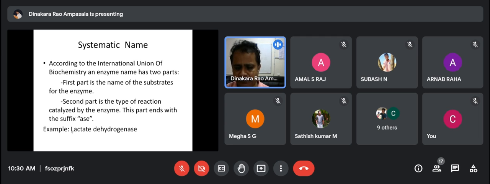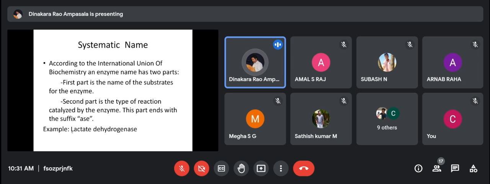This union looks into the activity of the enzyme, its character, its physical and chemical properties, what reaction it does, what the substrate is, and the naming. Here they followed two things. One is the substrate, the first part, and the second part has the suffix ase.